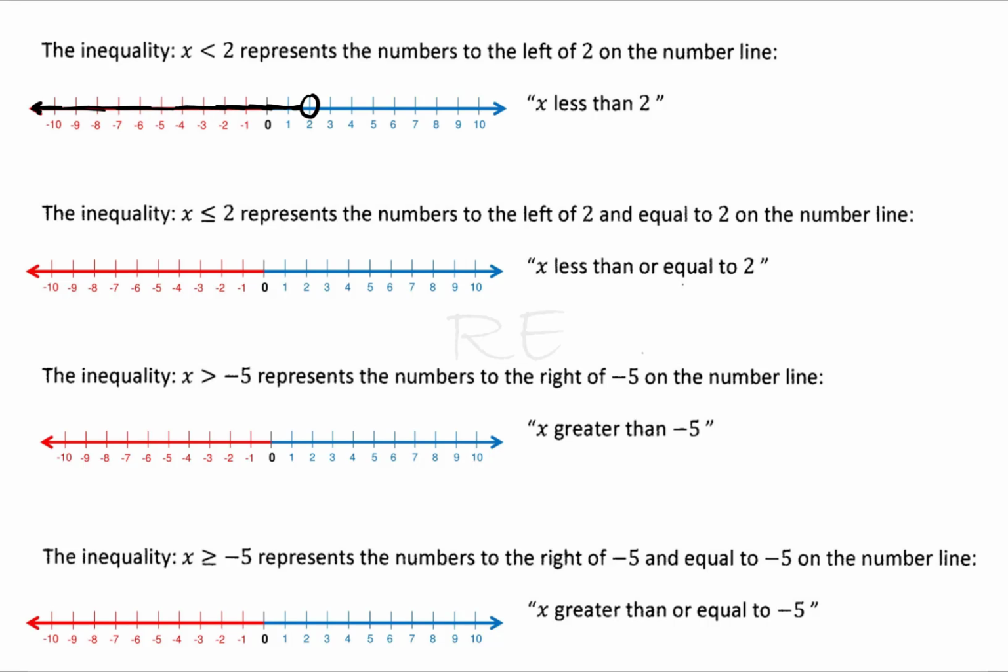X is less than or equal to 2. Now 2 is included, therefore we're going to bubble in, shade in the circle, and then take all the values that are less than 2, which means located to the left of 2.